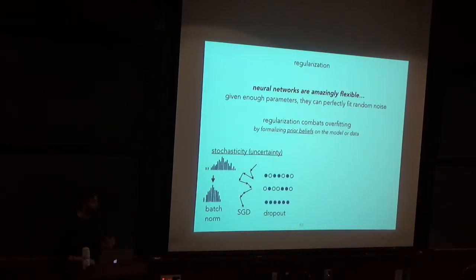And another form of this stochasticity is what's called dropout, where at each or at some layers you might just totally drop the activation. So instead of actually passing on the calculated unit, you would just send a 0.